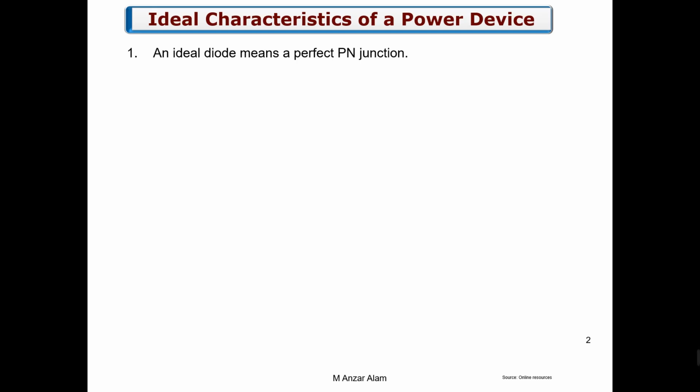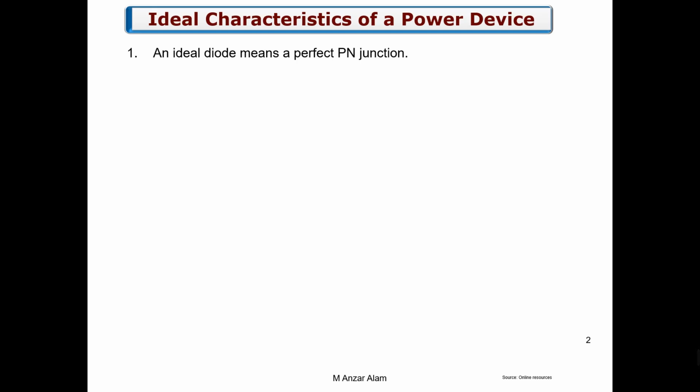If it is a silicon device, it has two terminals, anode and cathode. Whenever we connect the supply to the anode and the cathode, it should turn on. It should not have a barrier potential of 0.7. It should turn on as soon as we turn on the external power supply.